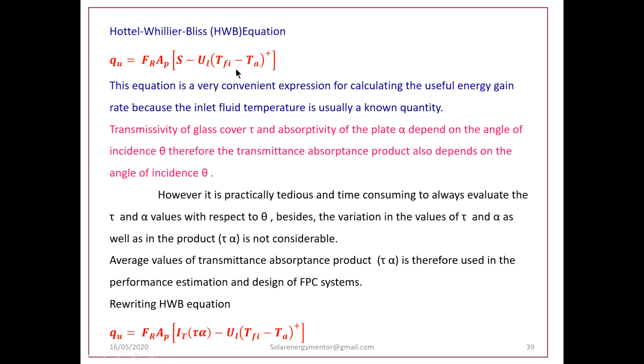Consecutively for 2 days there is no heating of the solar collector. In that case, TFi goes down and Ta becomes high, say in the afternoon Ta becomes 30-35 degrees Celsius, while TFi remains the same, say 4 degrees Celsius. So this plus sign means that only positive values of this difference have to be taken into consideration for calculation. How can we physically see this plus sign?